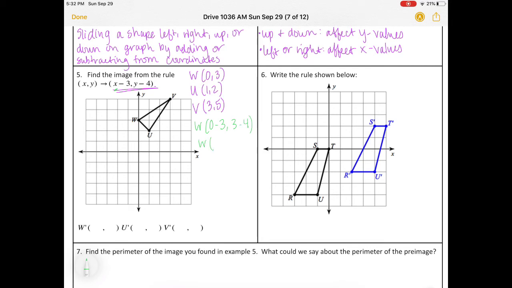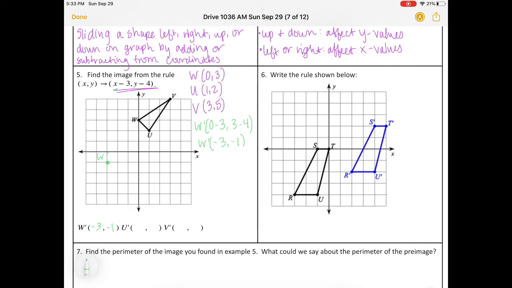All right, well that will give me W, 0 minus 3 is negative 3. 3 minus 4 is negative 1. Okay, now I have my new coordinate, which can go down here as well. Okay, and go ahead and plot that. 1, 2, 3, negative 1. All right, that is W prime. Didn't write that there.